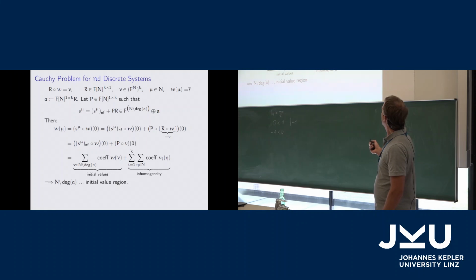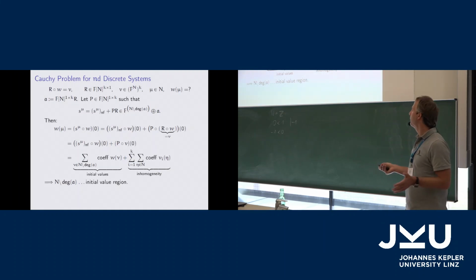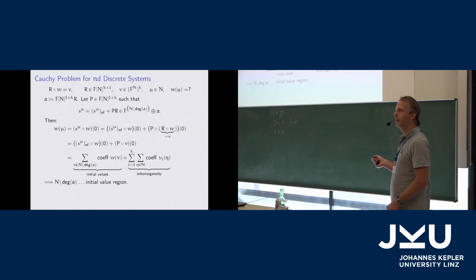We insert this, use the equation R applied to W is equal to V, that's the equation we start with. And then we get a summand where the right-hand side appears, and another summand where the solution itself appears, but it's the solution only in the complement of the degree set, because the support of the normal form is in the complement of the degree set.